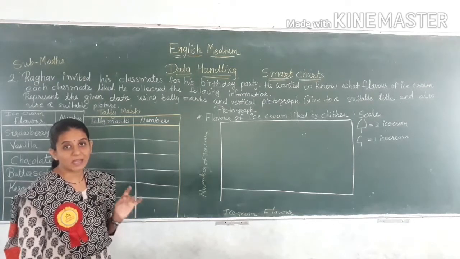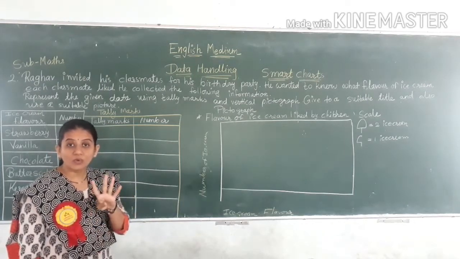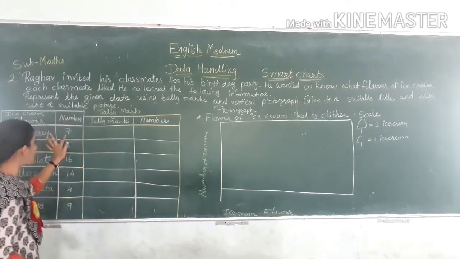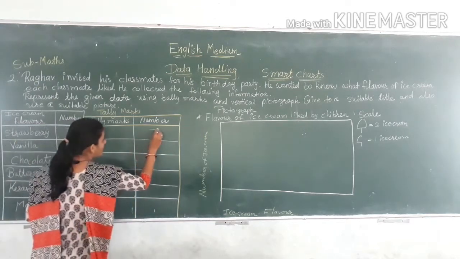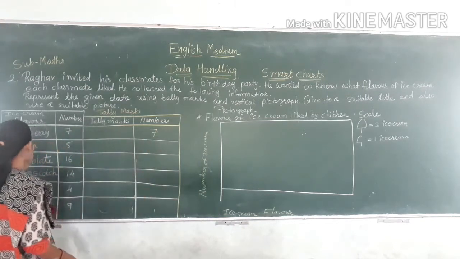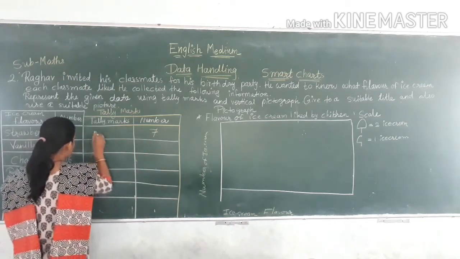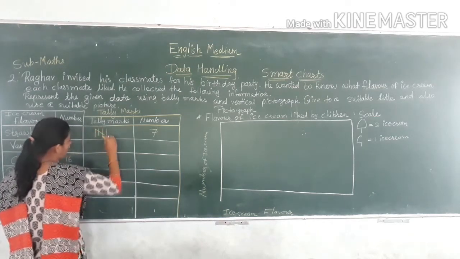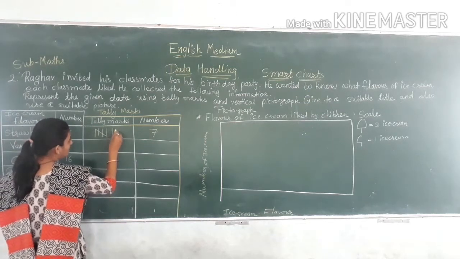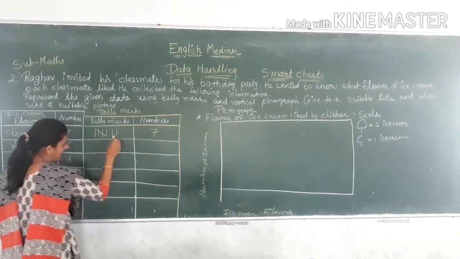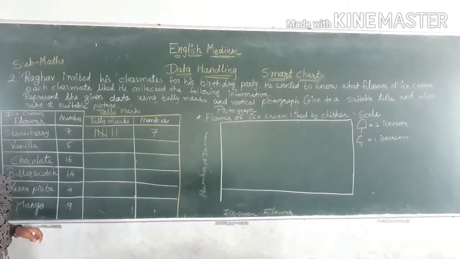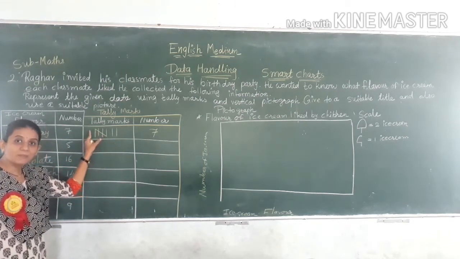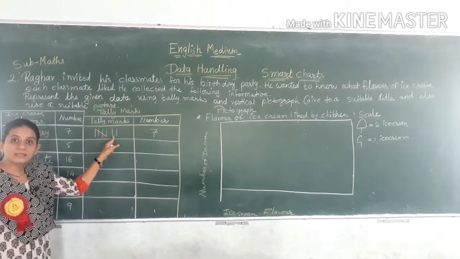So 7 students like strawberry ice cream. 1, 2, 3, 4 students, and 5 is complete, then 6 and 7.